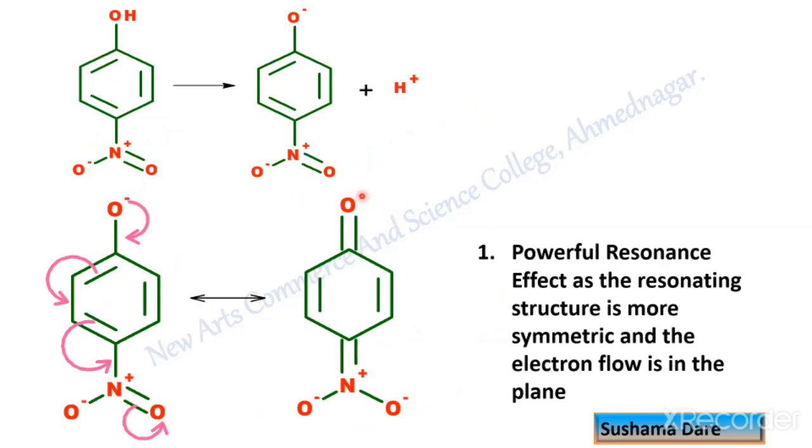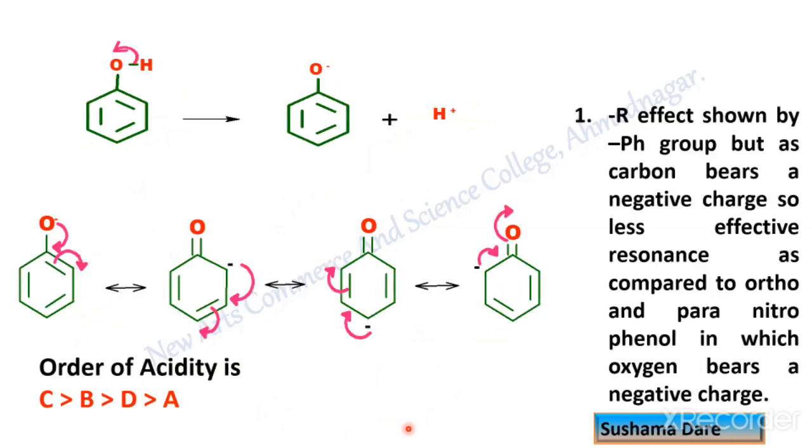If this conjugate base is highly stable, the rate of dissociation is fast in the case of paranitrophenol. Therefore, paranitrophenol is the strongest acid among all. If I compare this with phenol, look at the phenol after dissociation, whatever negative charge is generated on oxygen undergoes delocalization, and every time the carbon shares the negative charge.